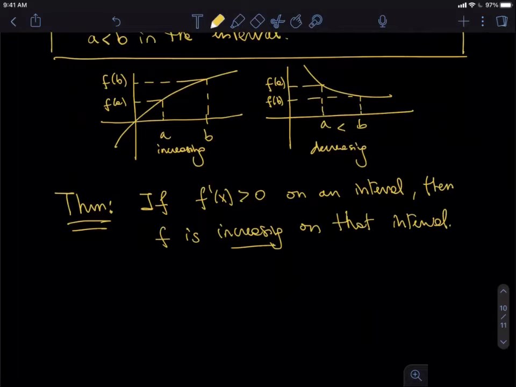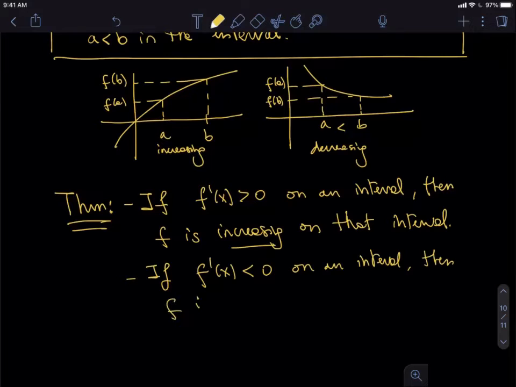Okay, so we only need to check if the function has positive derivative, of course, if it's differentiable. If it does, then it's increasing. And of course, if the derivative is negative, then the function is decreasing on that interval. Okay, so we have both increasing and decreasing.